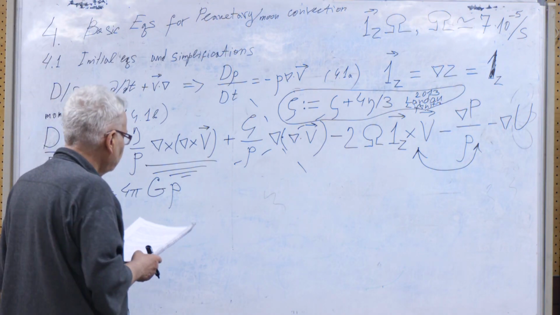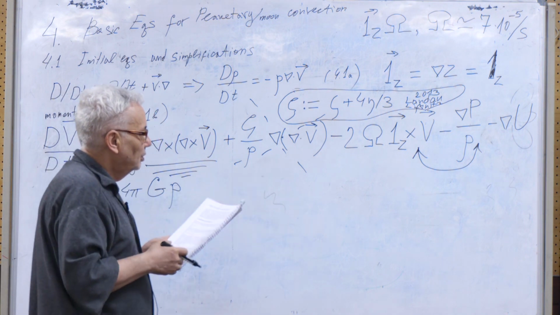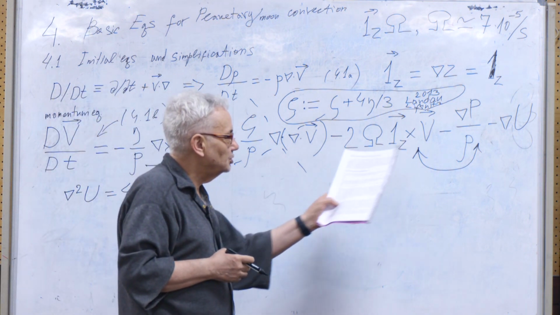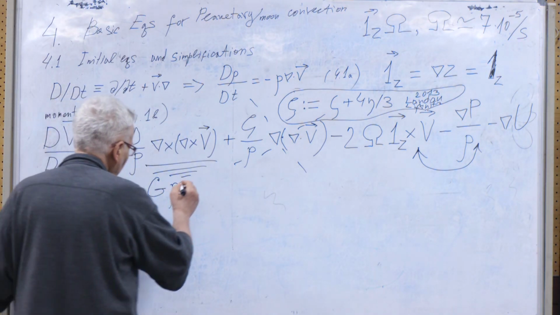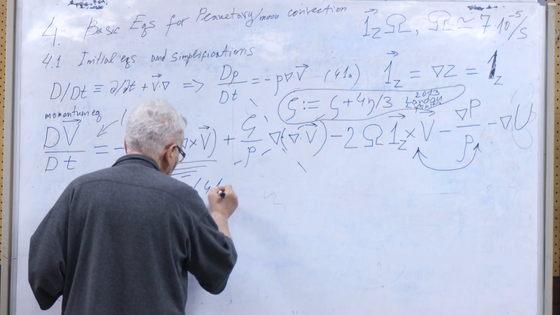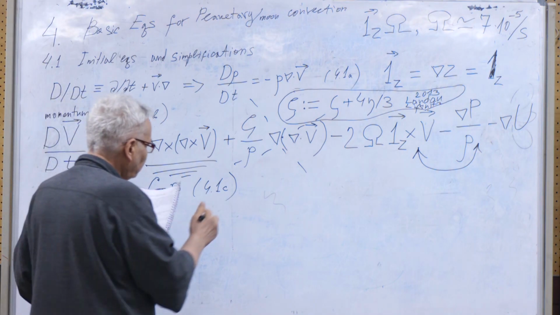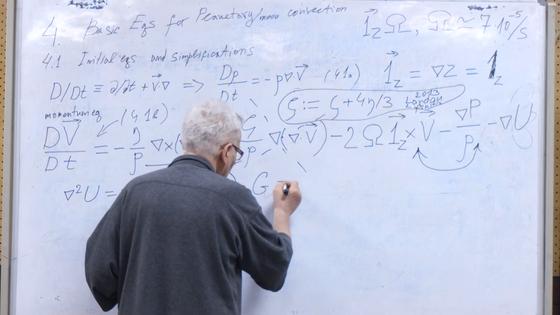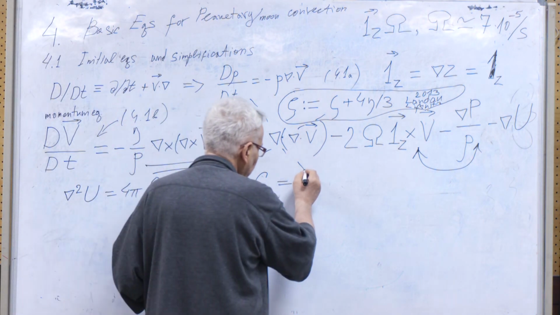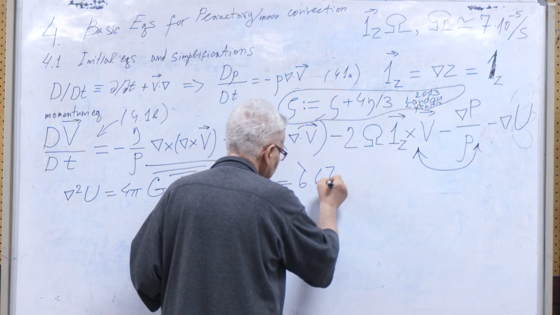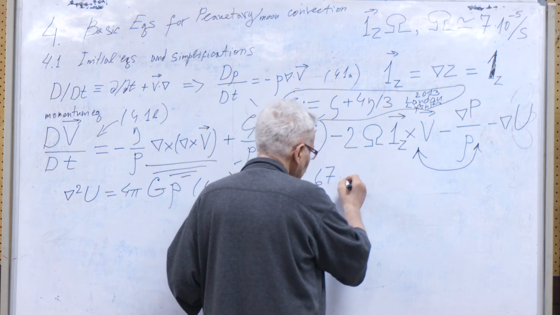And you know that we actually start from this equation, then we exclude it somehow, just to finally make the term which is responsible for the convection. So this is formula 4.1c. And here there is a gravitational constant, which in SI units is equal to 6.67 times 10 to the minus 11.